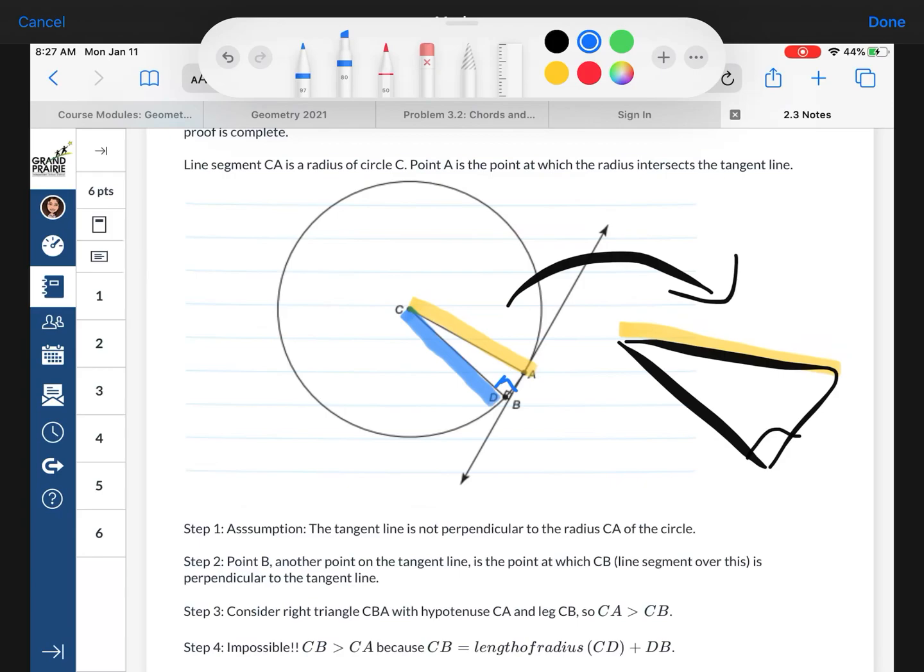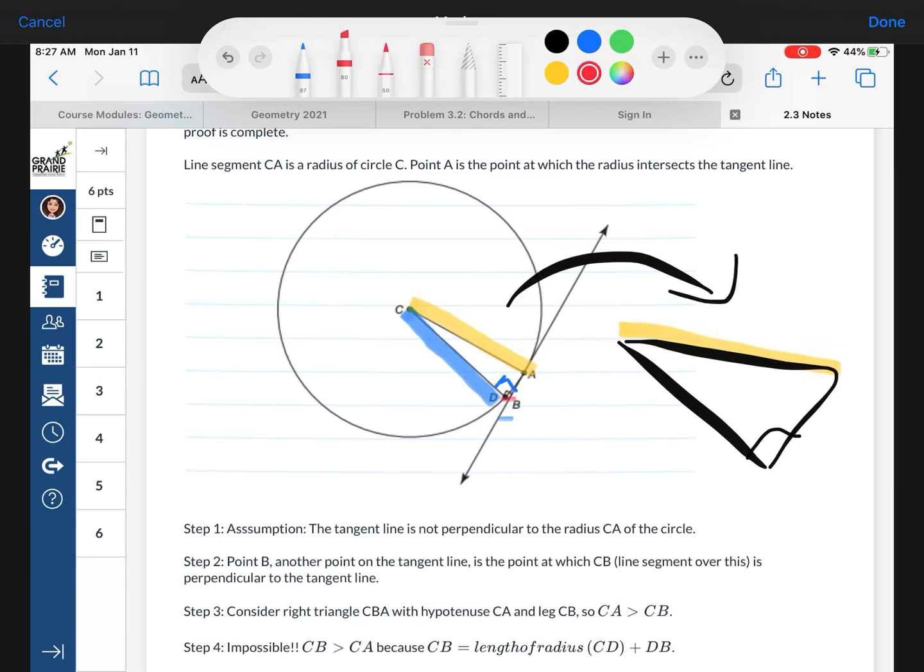so let me go back here. I said this incorrectly. CA is the radius of the circle, and only from C to D, you notice where my blue line stops, is a radius. But there's that small little pinch of space between D and B, right? Hopefully you guys can tell that there's a small little space here in red that I just highlighted.